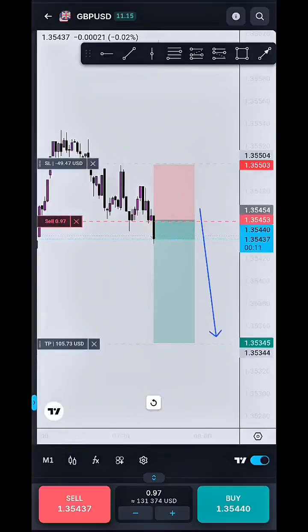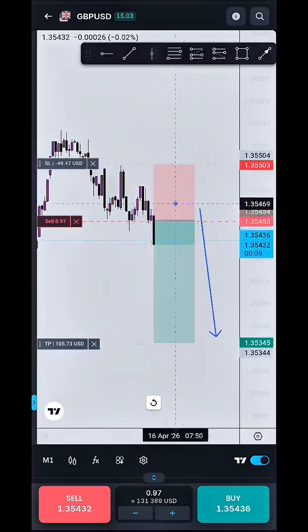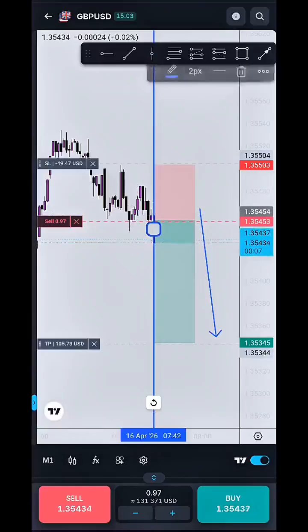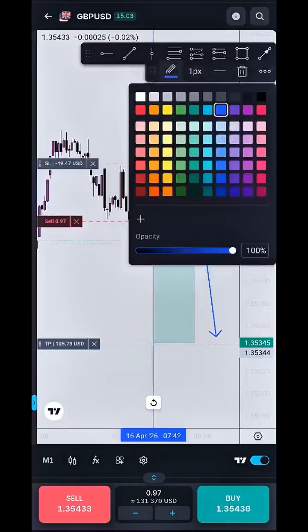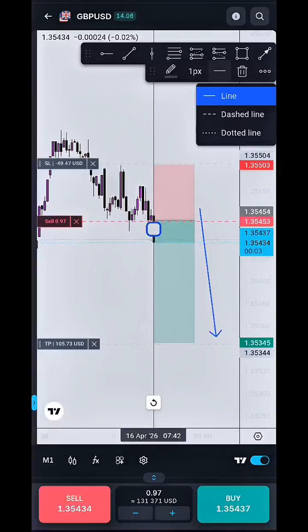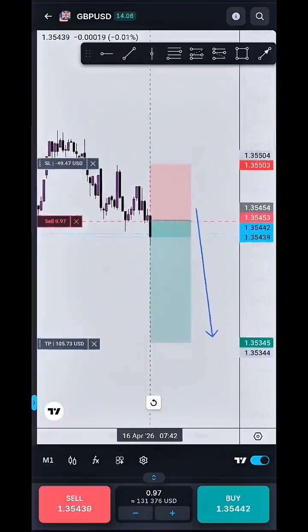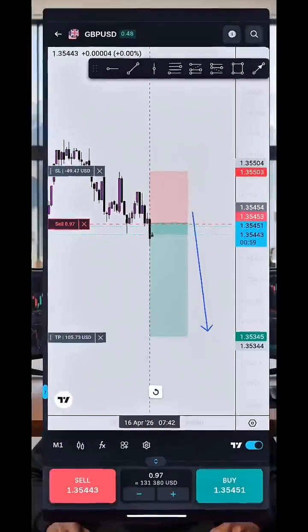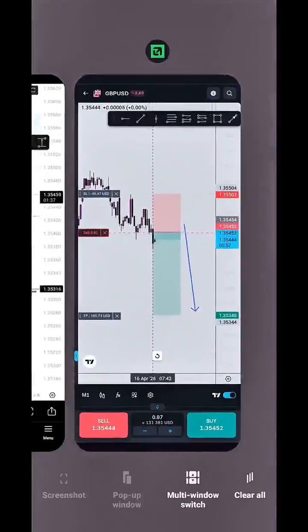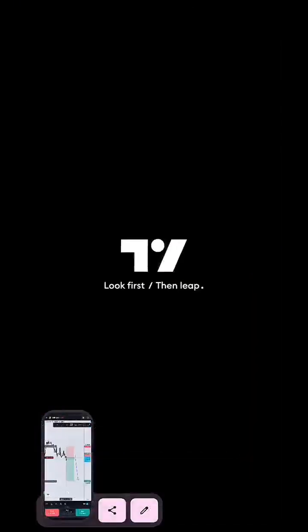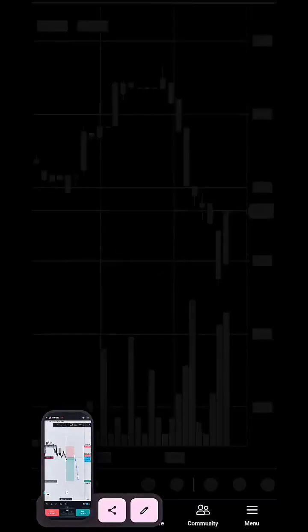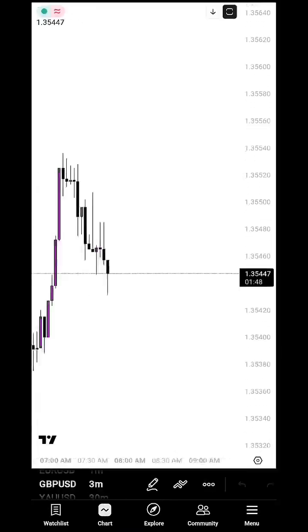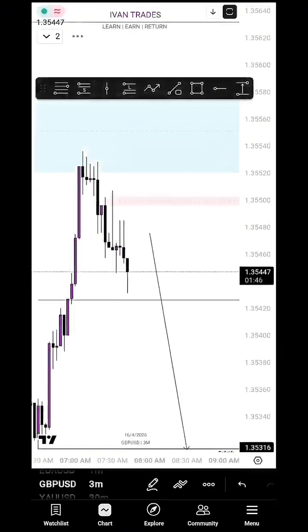So I'm going short. Let's see how the price behaves. My stop is above this exact high, and I'm targeting a 1 to 2 risk to reward ratio. I entered exactly at 742, targeting essentially a 1 to 2 risk to reward ratio.